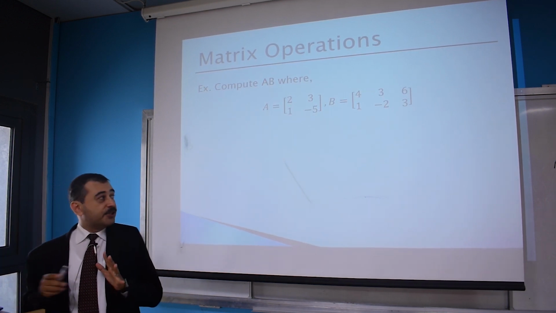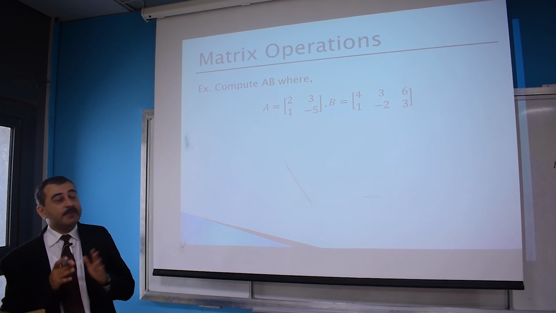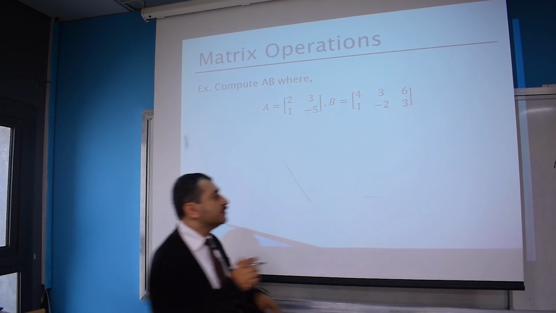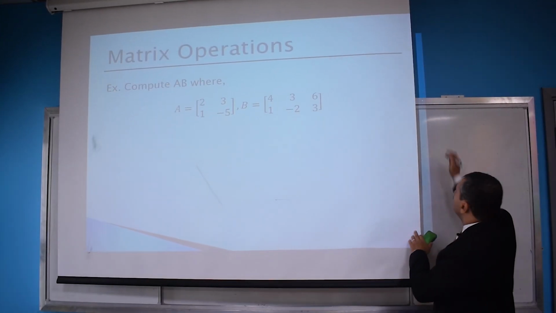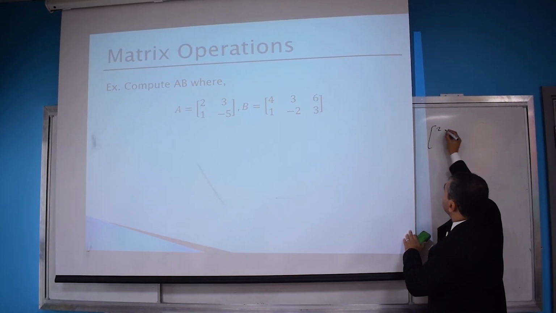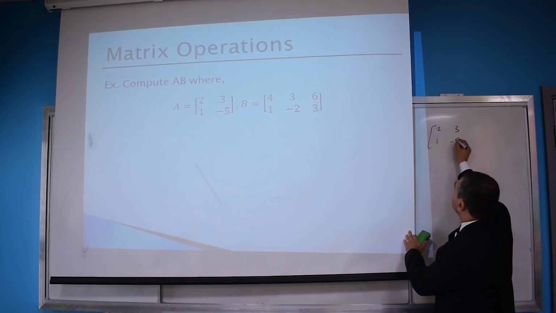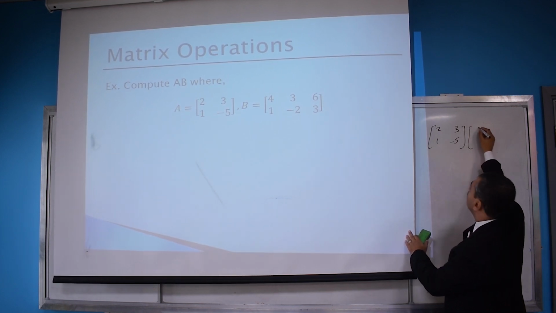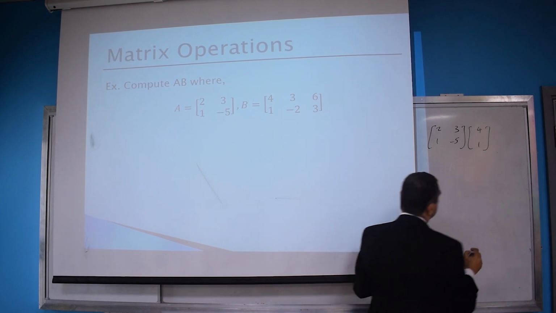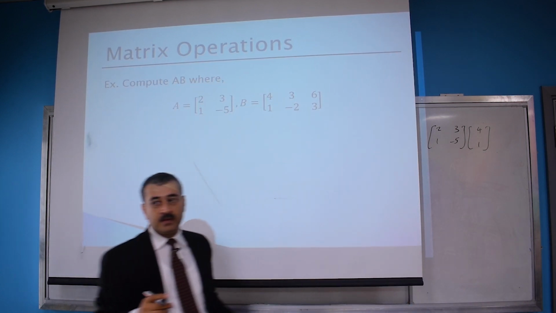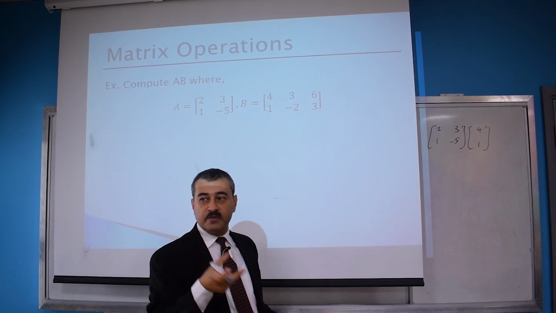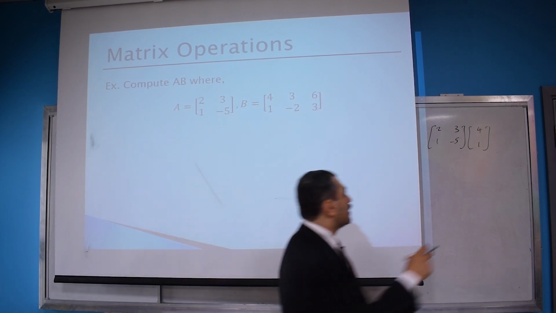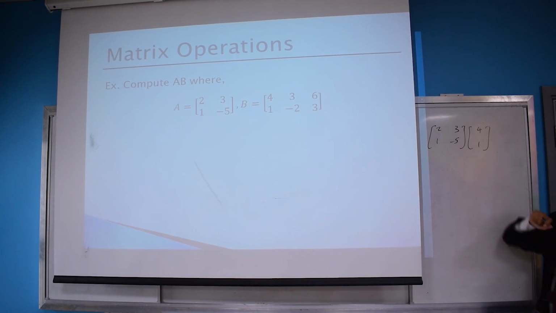If you remember, in chapter 1, we multiplied a matrix by a vector. So if, for example, I want to multiply the matrix A, 2, 3, 1, negative 5, by the vector 4 and 1. According to the definition, the output would be a linear combination of the columns of A using these entries as combination weights.